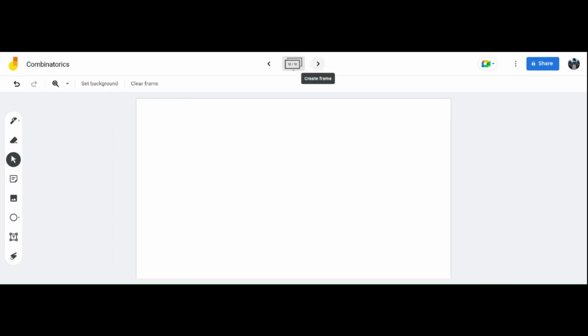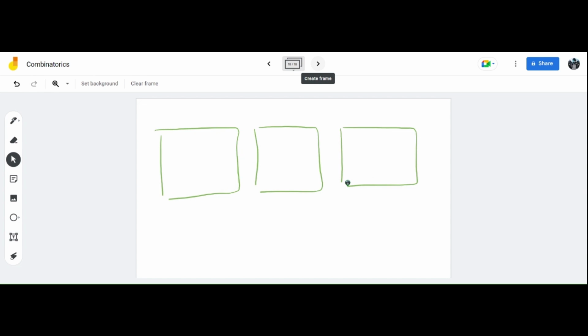The first place is for the first person, the second place is for the second person, and the third place for the third person. Now how many people can fill up this place? How many people are there? There are three people. And in the first place, any one of those three people can come.